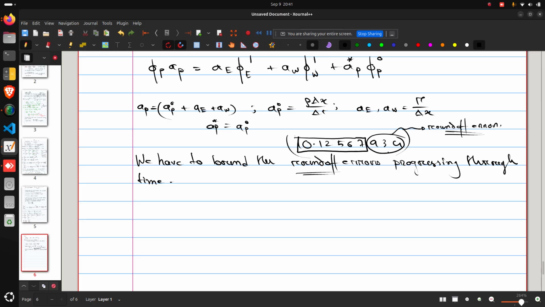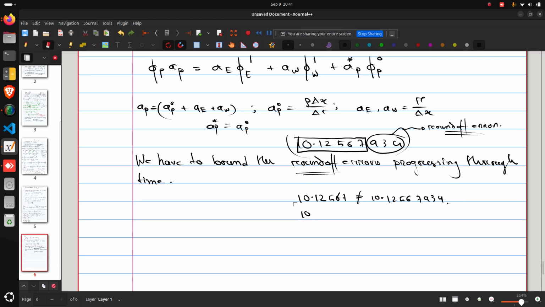So these kinds of errors are generally very predominant in computational scenarios, and these errors might grow, right? Because 10.12567 is not equal to 10.1256793, right? This is not the same thing.